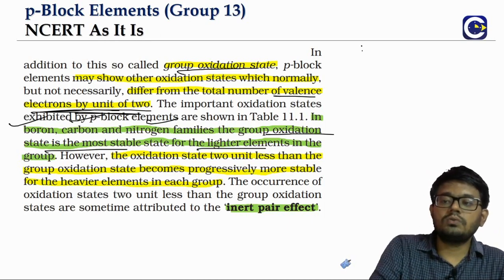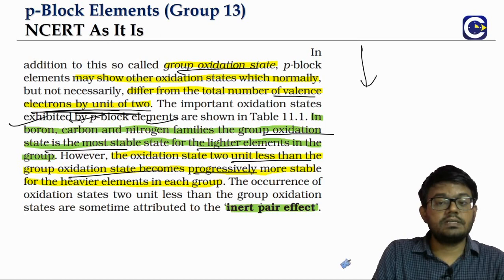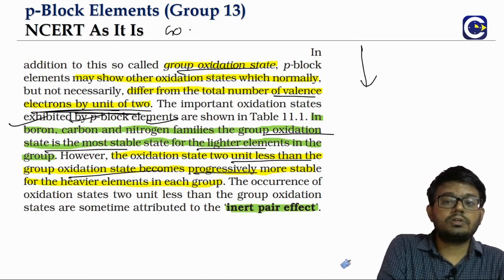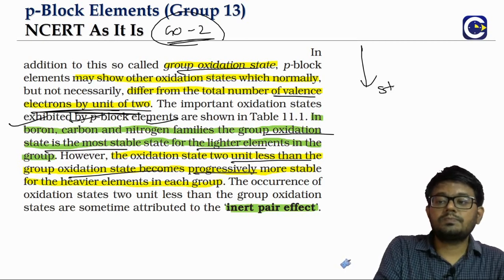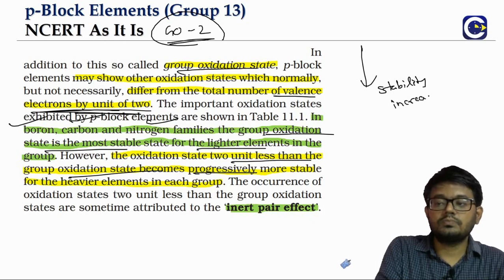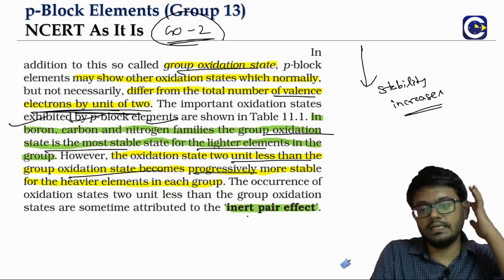But as we keep going down the group, the stability of the other oxidation state, which is the group oxidation state minus 2, will be increasing. We will see what the actual trend is and discuss all these things.